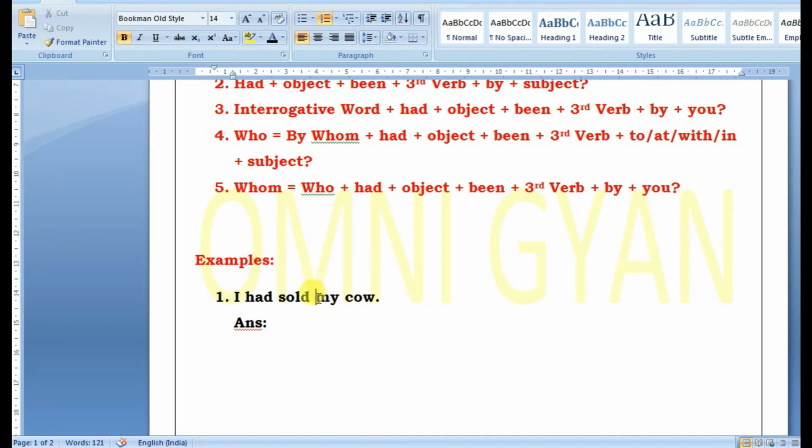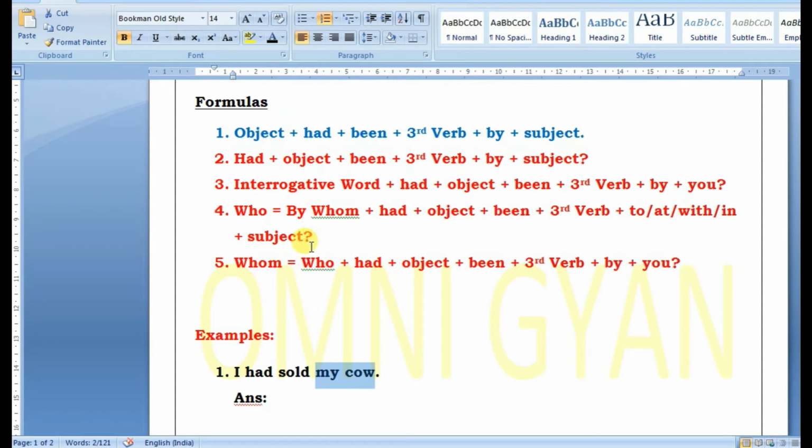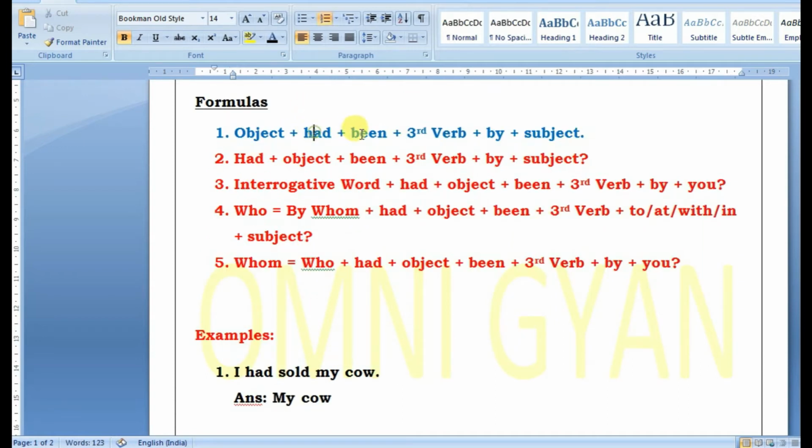Whose cow? It is my cow. So my cow becomes the object, and as the formula says, object comes in the beginning, so we will put my cow in the beginning. Now after my cow, you have had plus been, so object plus had plus been: my cow had been.